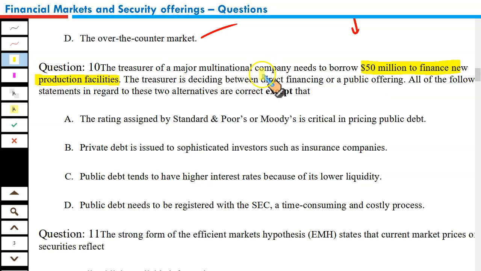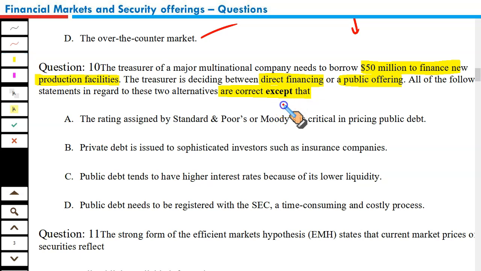Either ask someone to invest directly in this project or go for the share issue. These are the two options. Alright. All of the following statements in regard to these two alternatives are correct except. So out of these 4, 3 will be correct and 1 will be incorrect, and we are to look for the one that is incorrect.